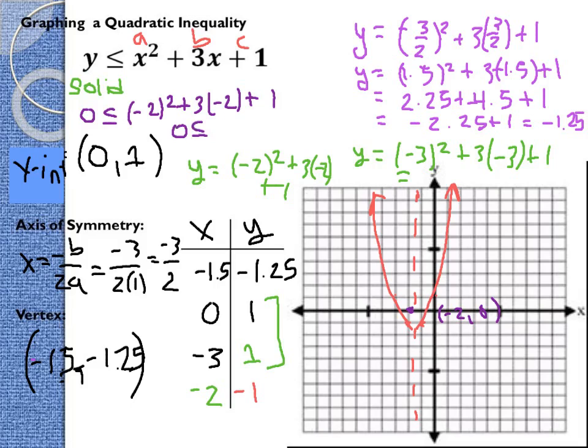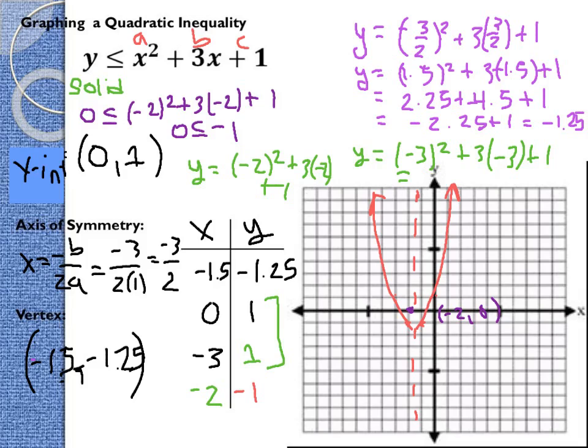So that's 4 minus 6 plus 1. So 4 minus 6 is -2 plus 1 is -1. Notice that the statement says 0 is less than or equal to -1. But since -1 is smaller than 0, it is not greater, and this makes this a false statement.